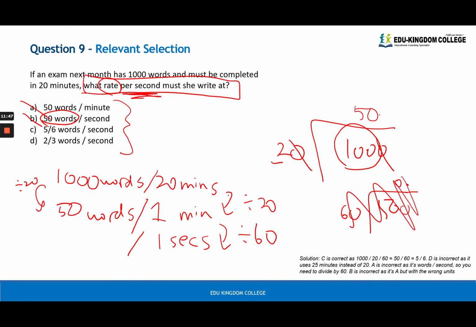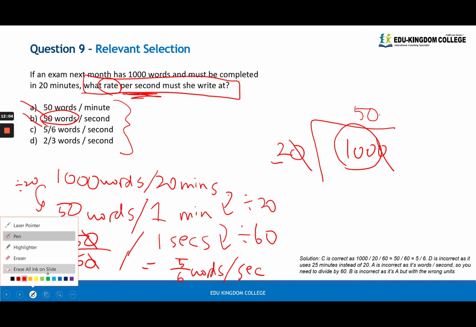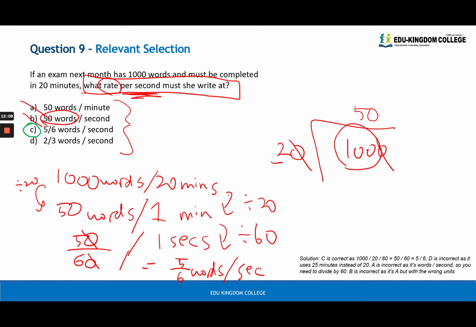Well, actually, without dividing like that, we can see that it's in fraction, right? So we know that dividing this by 60 would be 50 over 60. You can cancel out the zeros and you get 5 over 6 words per second. Okay, it's much easier to figure out. And anyway, 1 over 6, all of those ones will be in a recurring decimal, so better to do fractions. C is the answer.